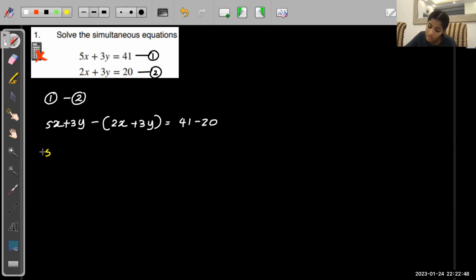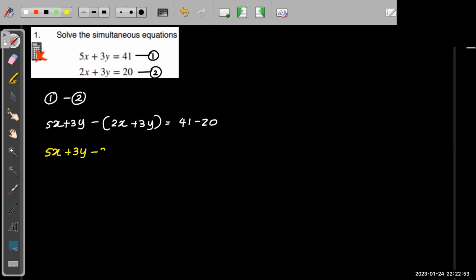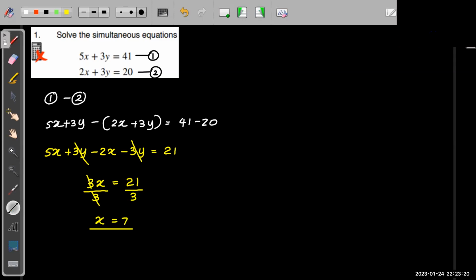Then 5x plus 3y minus 2x minus 3y equals 21. 3y and 3y cancel out. 5x minus 2x is 3x equals 21. If we divide by 3, x equals 7. Correct.